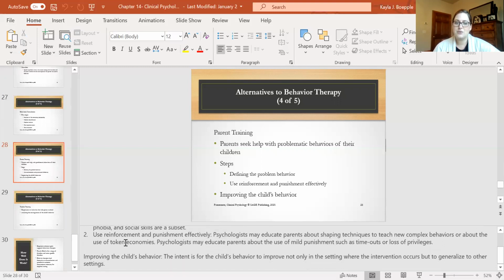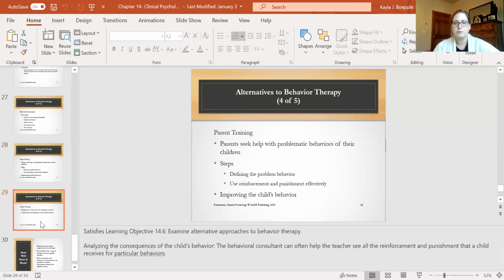The intent is for the child's behavior to improve not only in the setting where the intervention occurs, but to generalize to other settings. Fortunately, or I guess maybe unfortunately, my daughter really only talks back at home. We don't see this in the school setting. She doesn't do this with other family members. But if she would be doing this in the school setting, the hope would be that she would also stop talking back in the school setting as well.